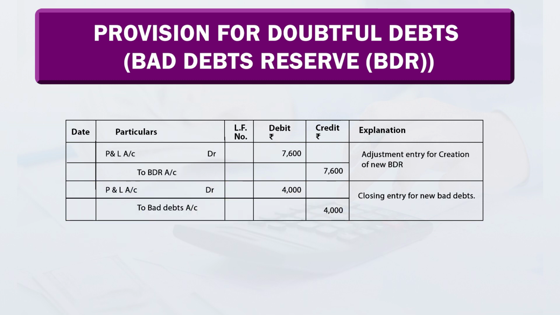Then we have to create BDR. Profit and loss account debited by 7,600 to BDR account 7,600 rupees. Now, finally, friends, the new bad debts we have created, we have to transfer to profit and loss account. So, P&L account debited by 4,000 to bad debts account 4,000 rupees.